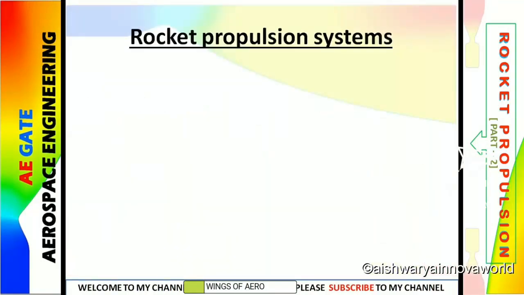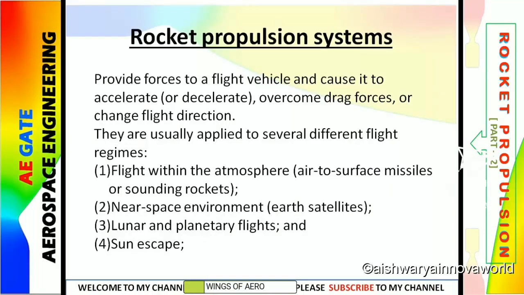So first I will give you an intro about the rocket propulsion system. It works on its principle to accelerate, overcome the drag forces and change the flight direction. So first I will tell the 4 basic applications of this rocket propulsion system: flight within the atmosphere, near space, planetary flight, or sun escape.